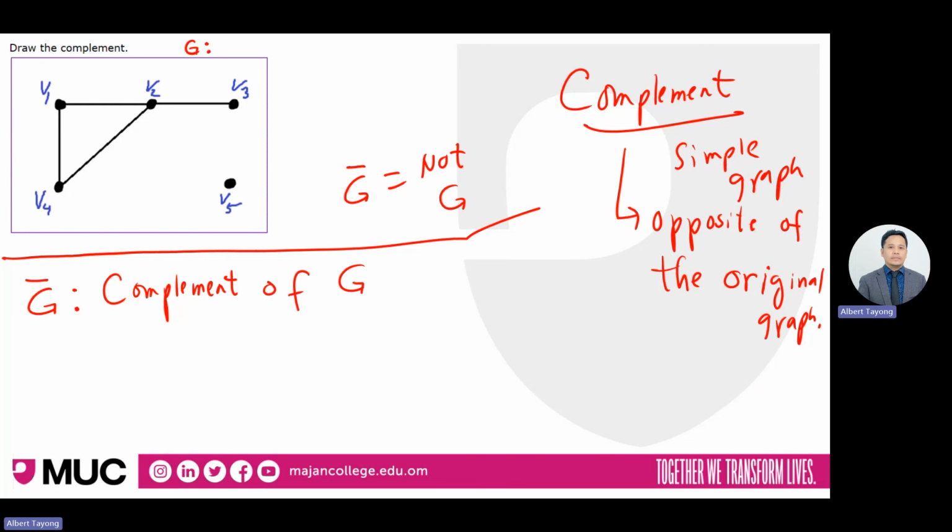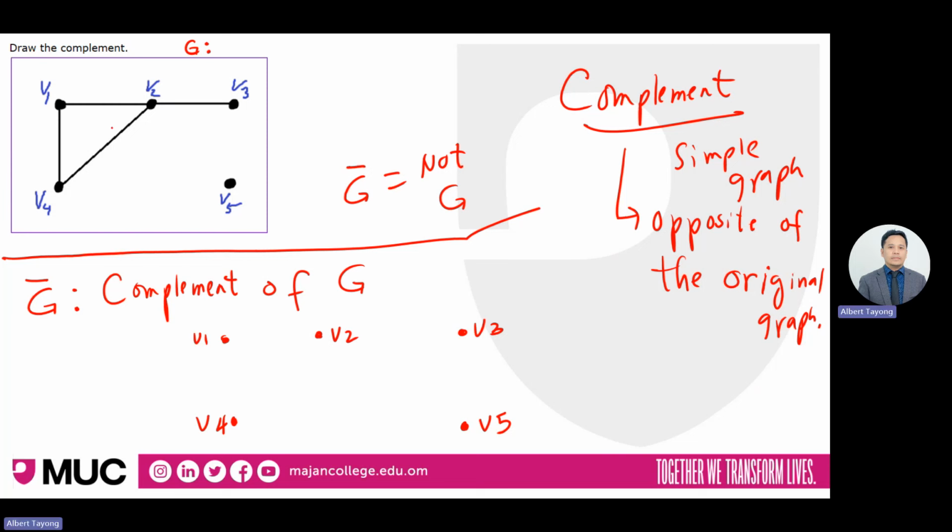Right, so now the first step is to label all the points. That's the first step when you are drawing the complement of any graph. So this is our V1, V2, V3. This is our V4, and here is our V5. So this is how to start our complement. We have to label all the points, and we have to draw the opposite.